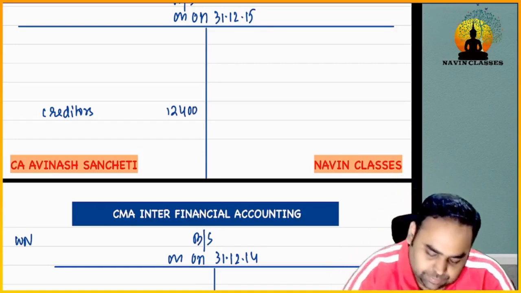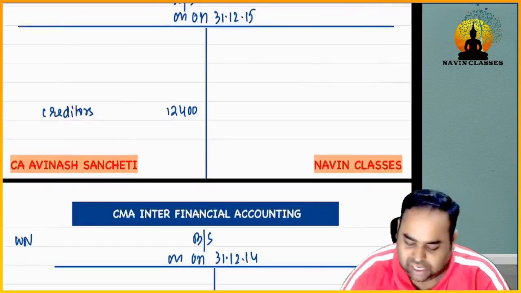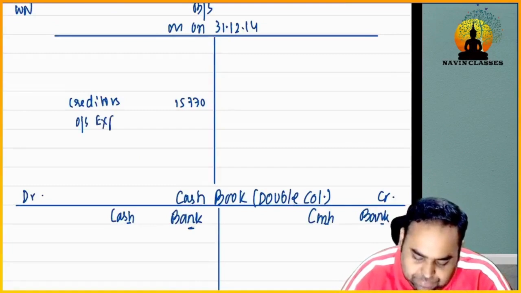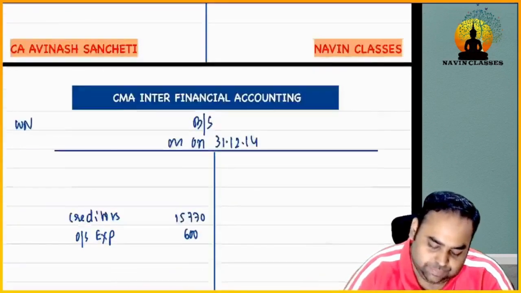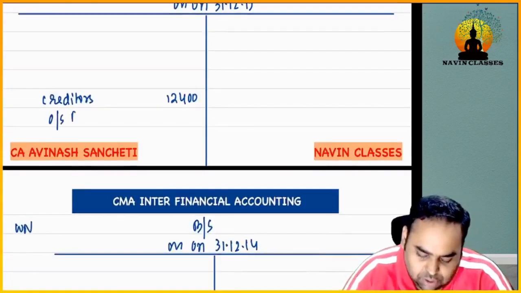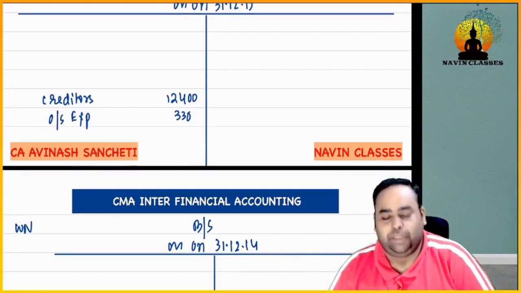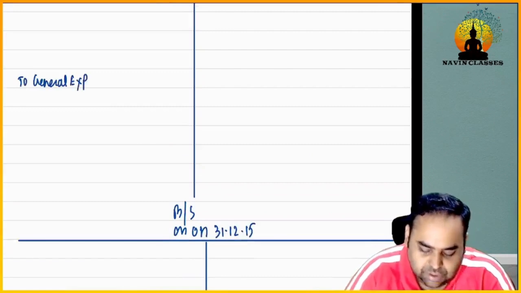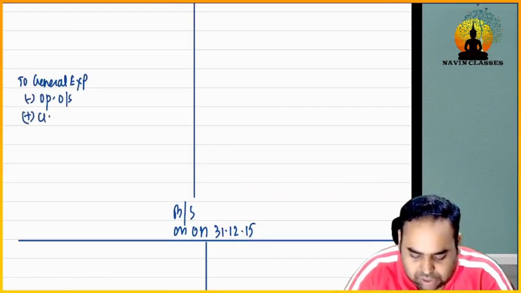Now next, we have general expenses. It is 600 and 330, then outstanding expense. Let me write it here once in the balance sheet. And along with that, I will also have to adjust this from the expense. Opening balance is 600 and closing one is 330. Tell me how it will be adjusted from the expenses to general expenses. From it, we'll subtract opening outstanding plus closing outstanding.